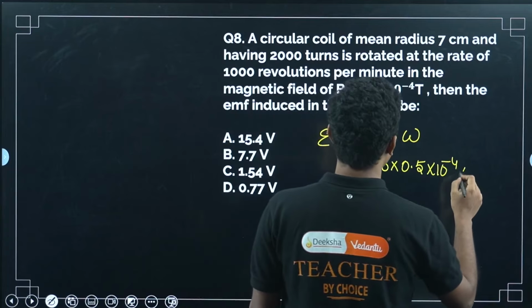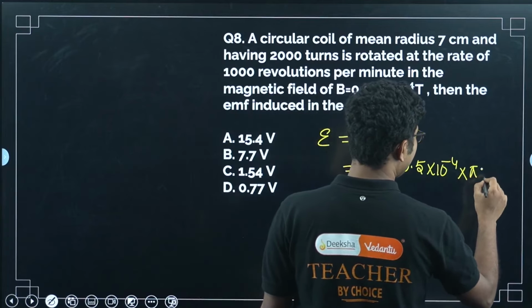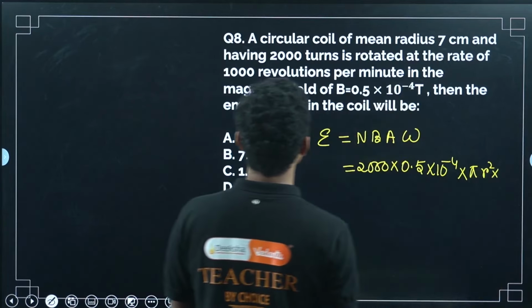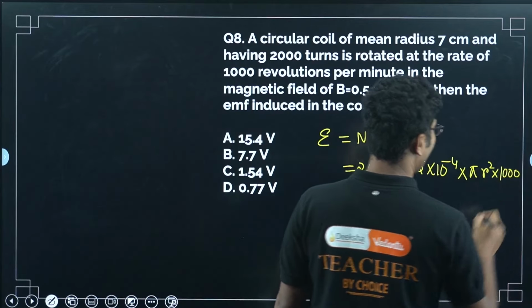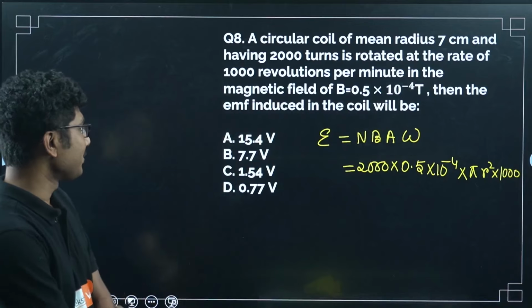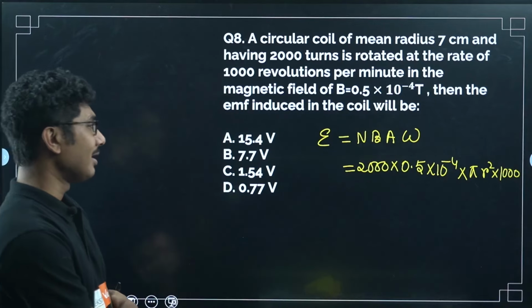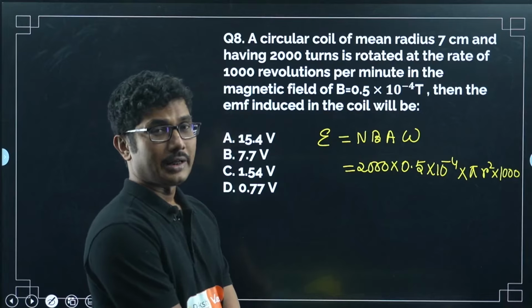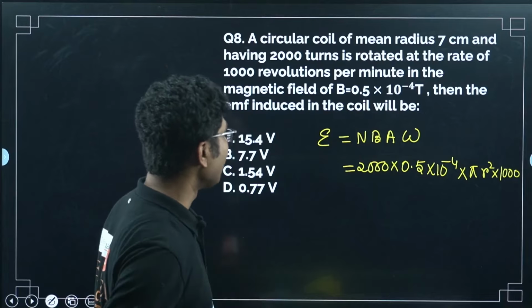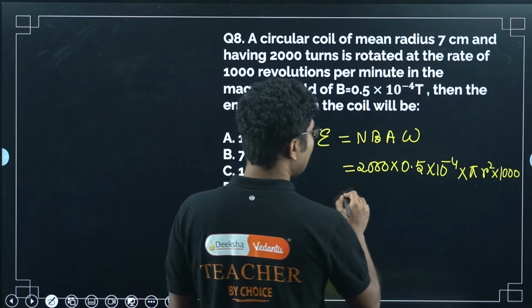Okay, A is pi r square and omega is 1000 revolutions per minute. Here revolutions per minute should be used as RPM only. Okay, you should not take it in radian per second, otherwise it will be complicated. So this is the formula that you have to use.